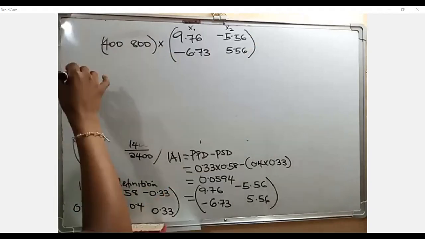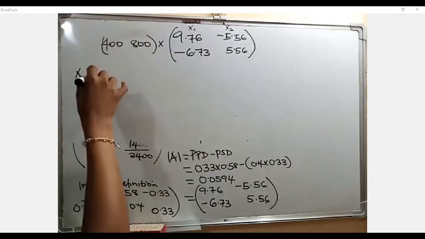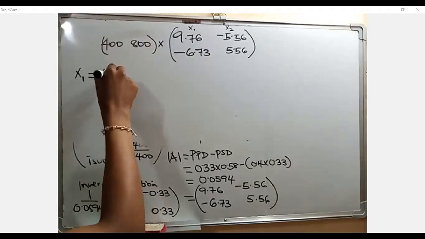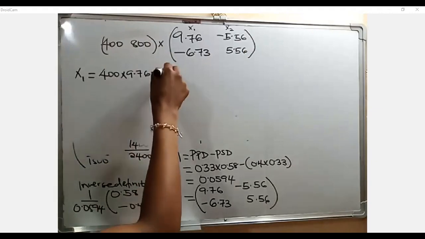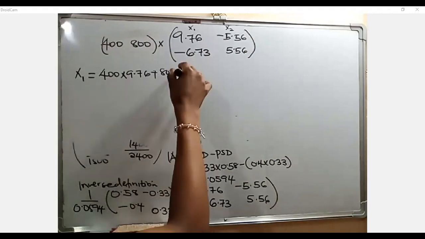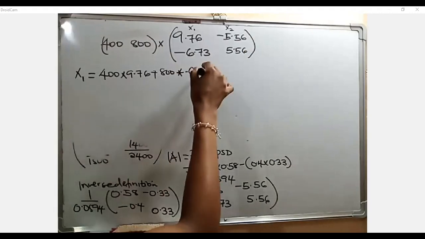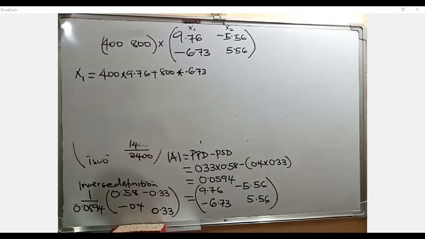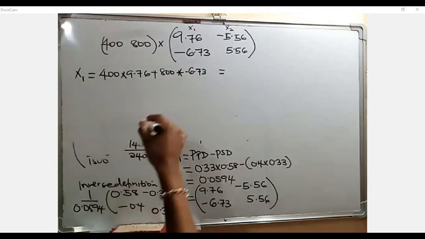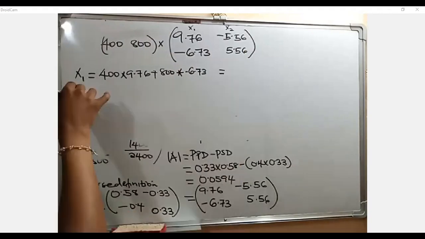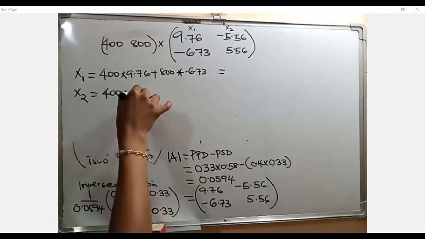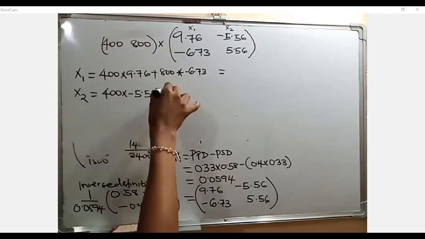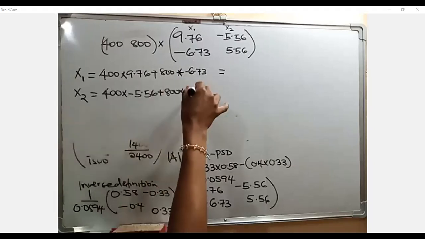So to get x1, we are going to take 400 times 9.76 plus 800 times negative 6.73. Then for x2, we are going to take 400 times negative 5.56 plus 800 times 5.56.